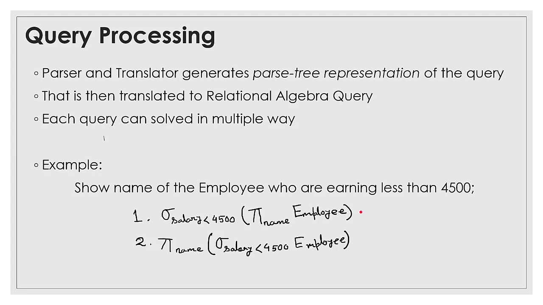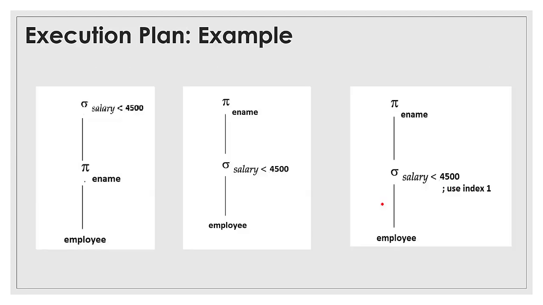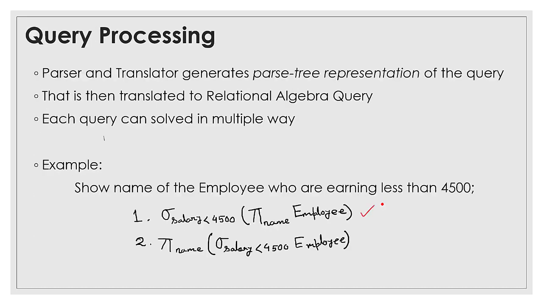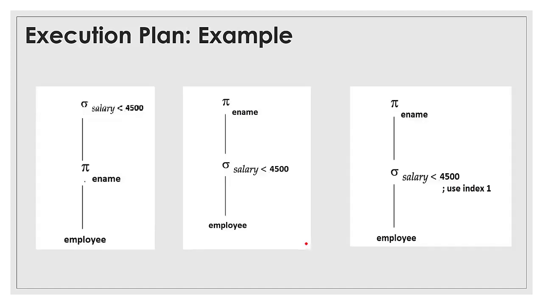Similarly, for the second relational algebra expression, where we are selecting the employees where the salary is less than 4,500 and then projecting their names, this diagram can represent that one. Now suppose there is an index on the salary. Why do we need indexing? Indexing will help us retrieve the data in a faster way because it reduces the time for searching. So let us take that there is an index, the name of the index is index 1, on the salary.